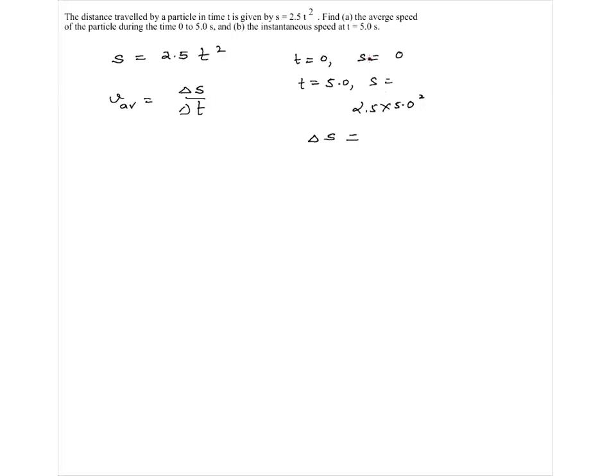This is S2, this is S1. Delta T is final T, T2 minus T1, which is 5 minus 0.